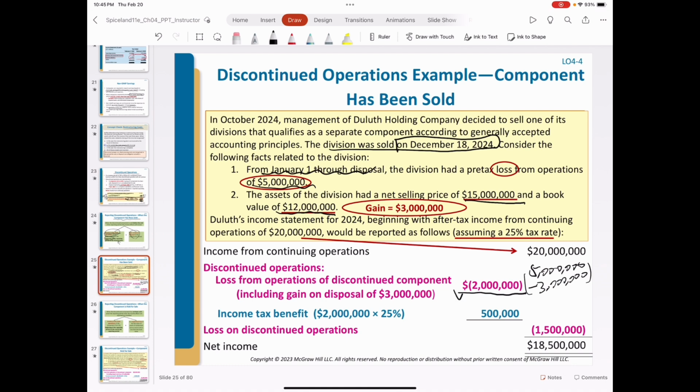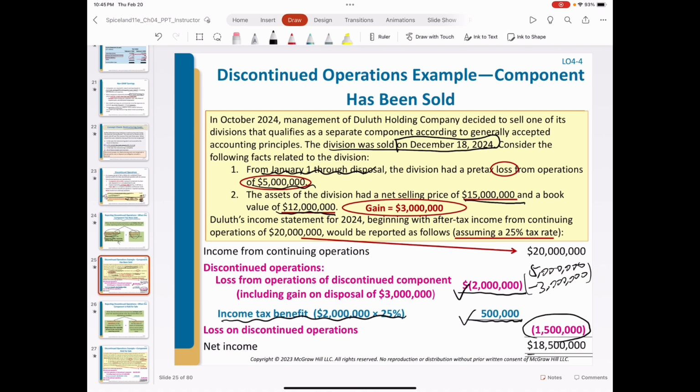And while this is a pre-tax number, we should incorporate the impact of tax. Since it is a loss, it will generate 25% tax benefits. So the net of tax impact is 1.5 million.